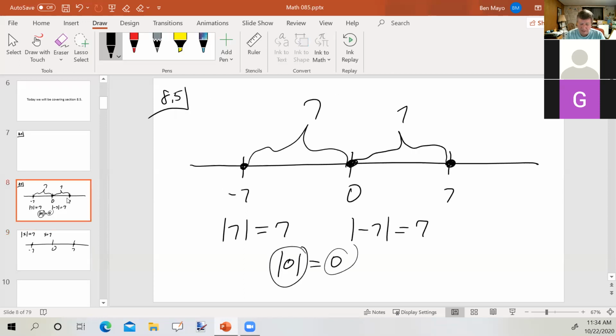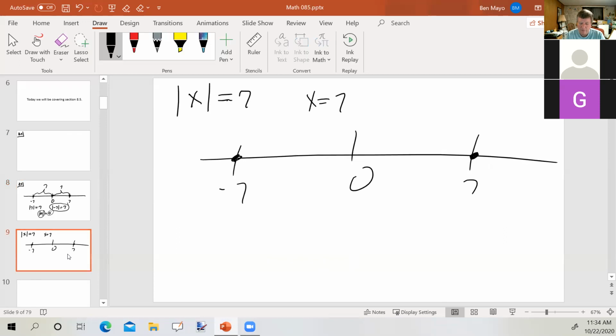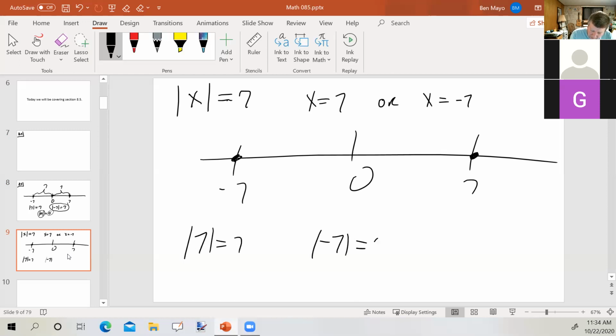Think back to our last example. Would it be 0? No. -7. There you go. In other words, x could be 7 or x could be -7. So if the absolute value of x is 7, x either has to be this number or its opposite.